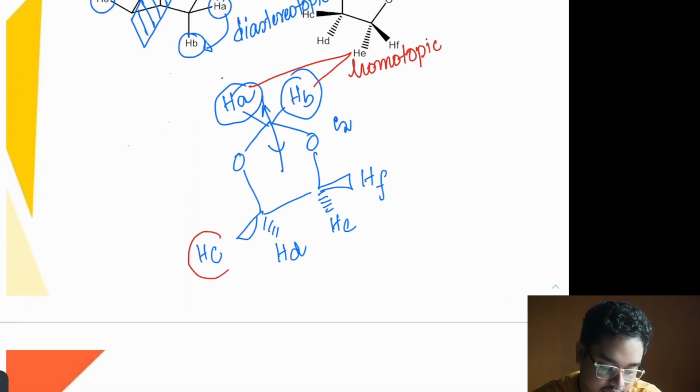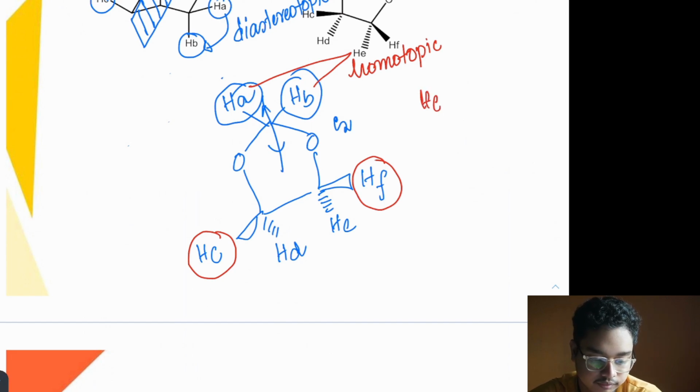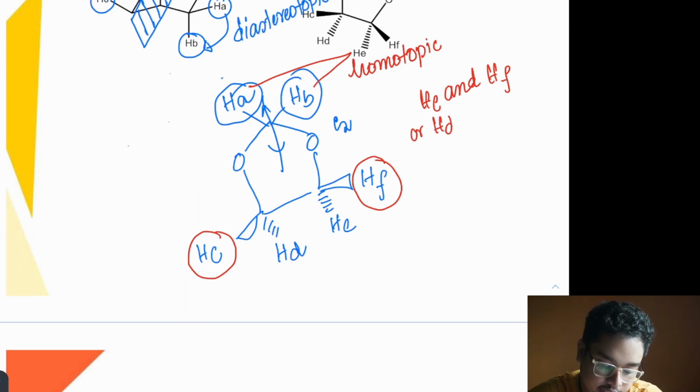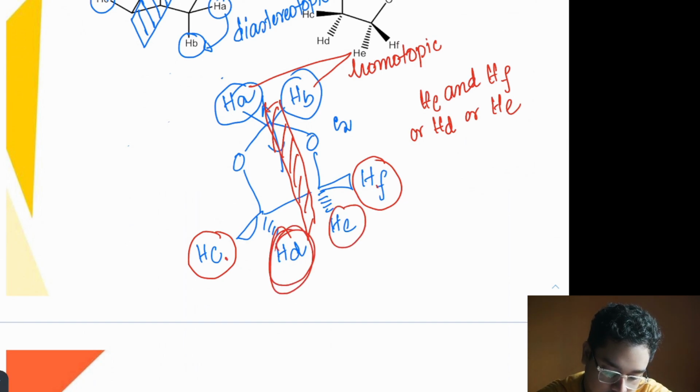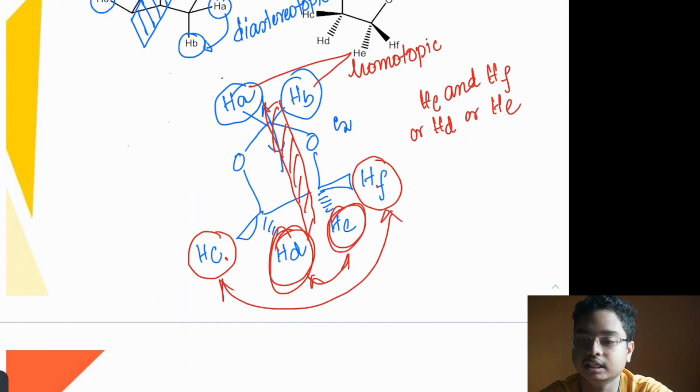Similarly, if we see HC and HF, or HD or HE, then we can imagine a plane here. By this plane, these groups and these groups have a mirror image relationship.